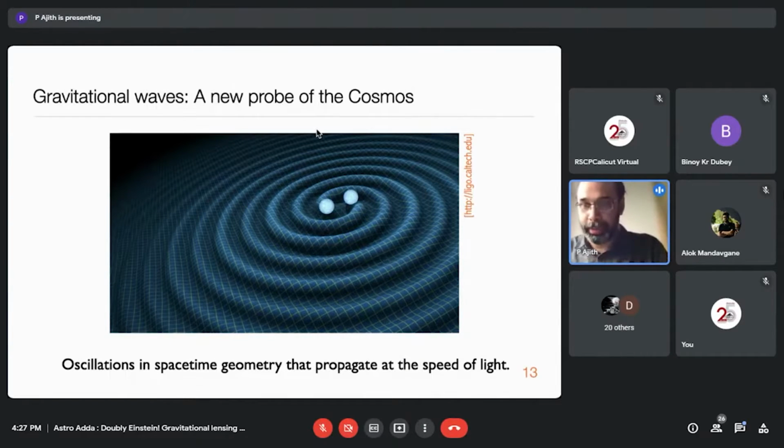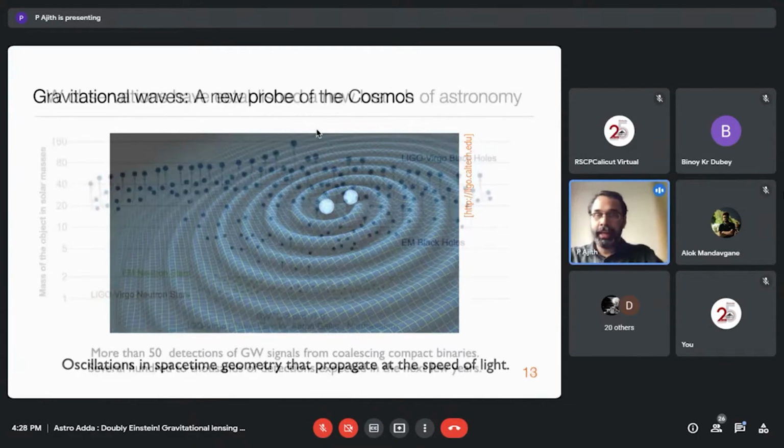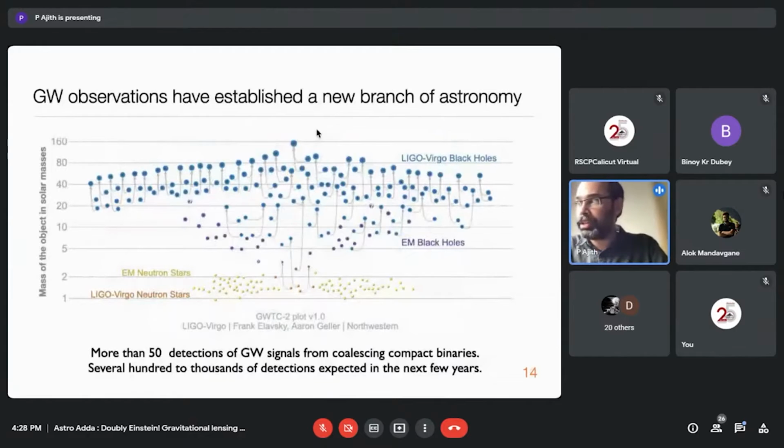Using Earth-based gravitational wave observatories, one can actually detect them. And indeed, in the last 6 years, the gravitational wave observatories LIGO and Virgo have observed dozens of such gravitational wave signals produced by collisions of black holes or neutron stars in different parts of the universe.